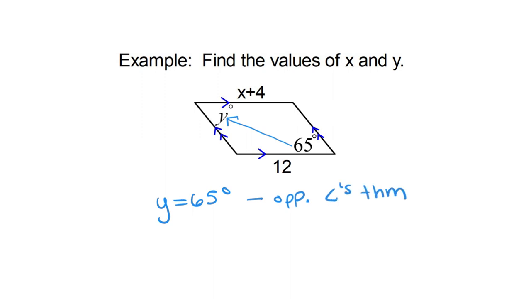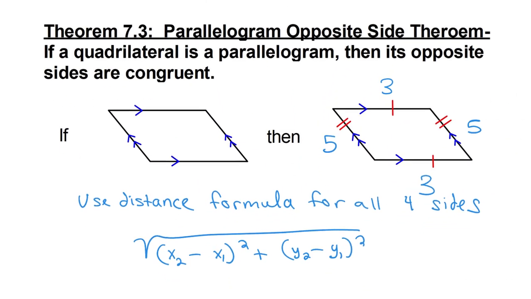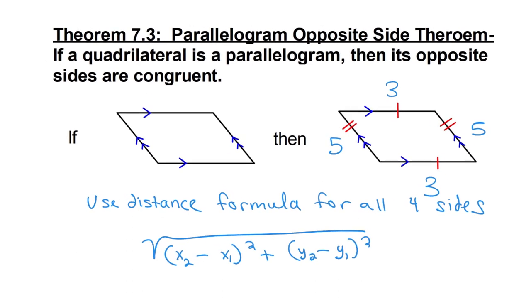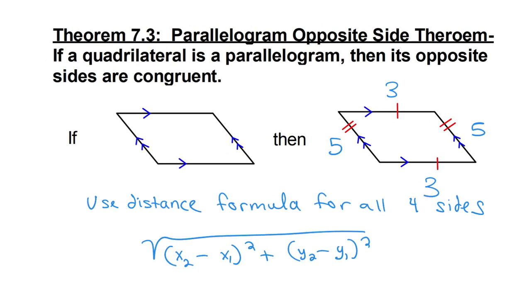And then we can do the same thing with our sides. These two sides are going to be the same, 12 and x plus 4, because of the opposite sides theorem. Right? We already learned about that one right here. Parallelogram opposite sides theorem: if a quadrilateral is a parallelogram, then its opposite sides are congruent.